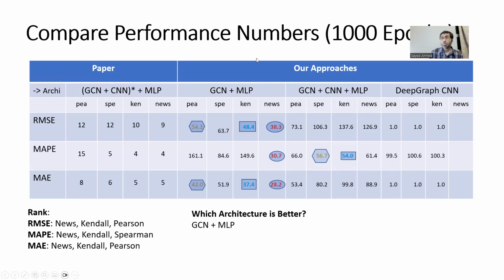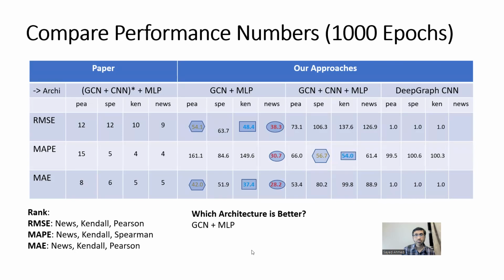Okay, so now I will do some comparison among the numbers. You can see GCN, MLP. In terms of RMSE, news is the lowest, and then Kendall, and then Pearson.